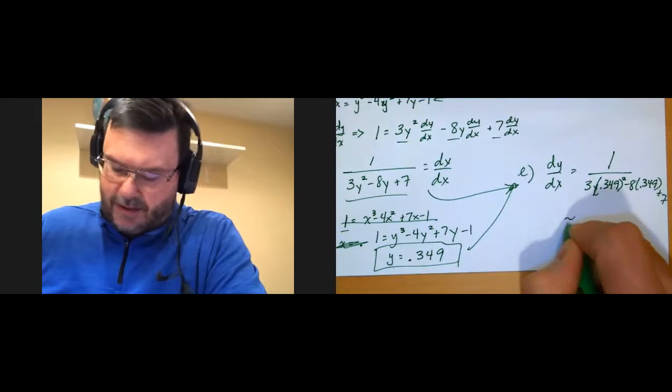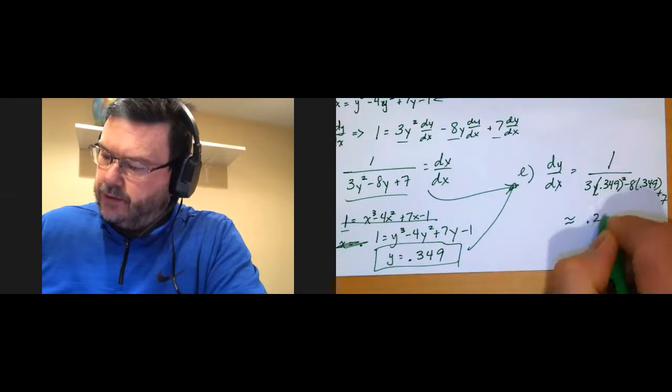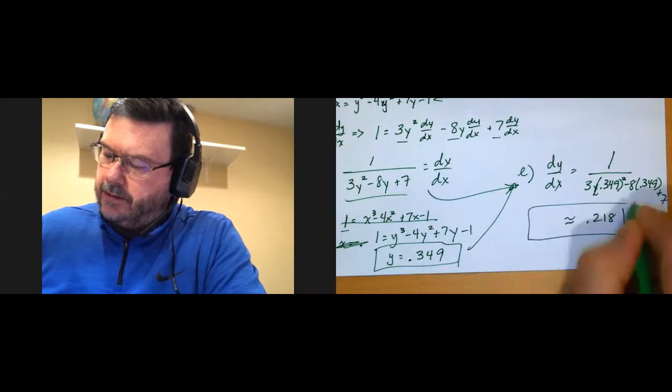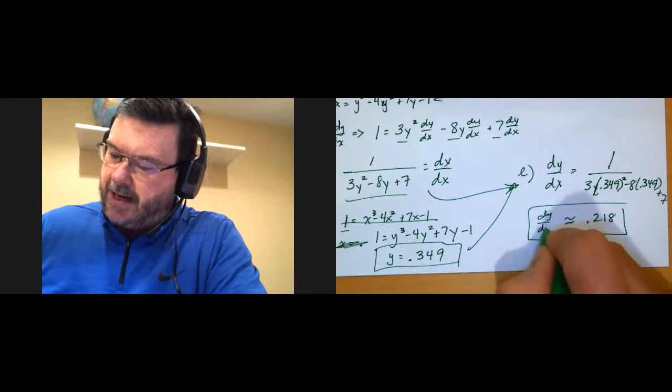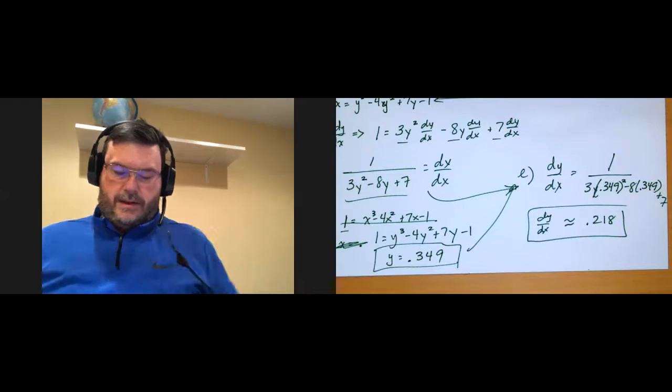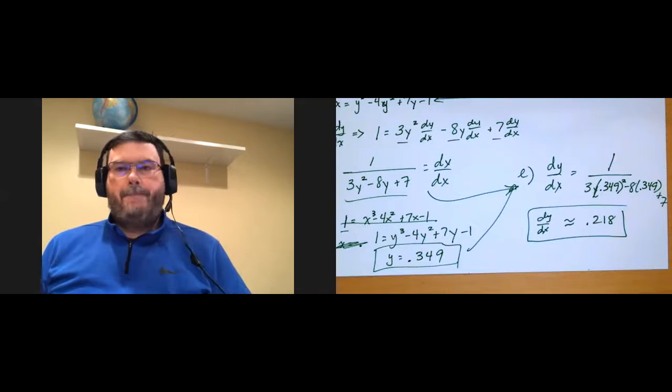This is approximately equal to 0.218. So dy/dx at 1 is 0.2187.